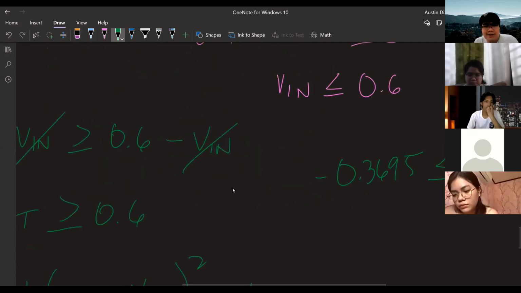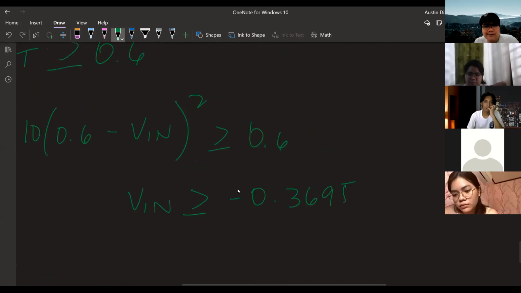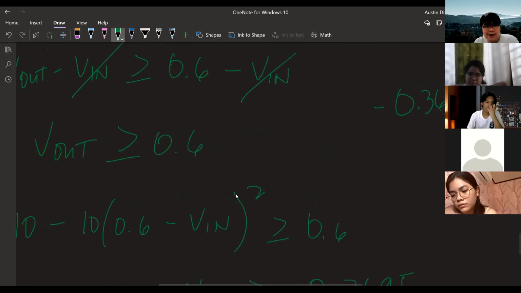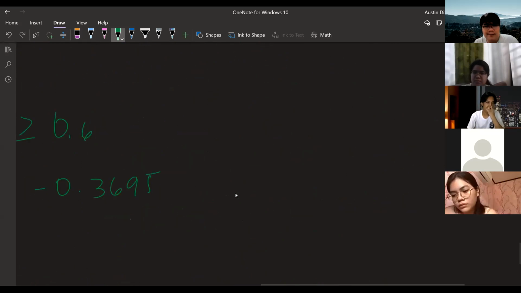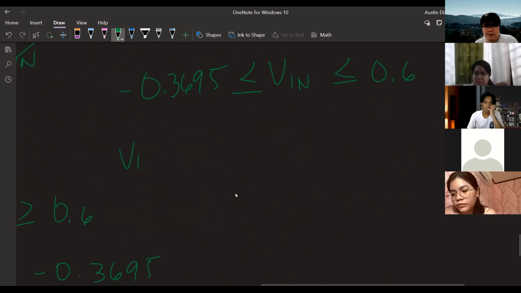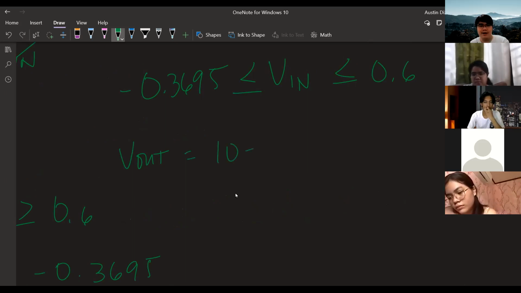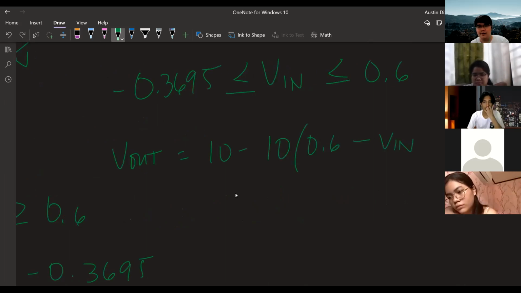Consequently, pwede mo hanapin yung ranges din ng V out. So yung V out na makukuha mo when operating in the MOSFET region can be obtained by yung relation natin kanina, 0.6 minus V in squared.